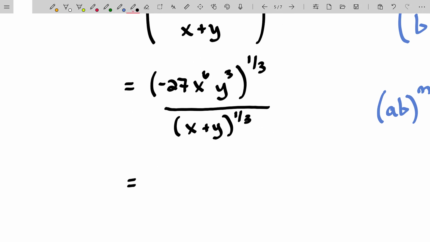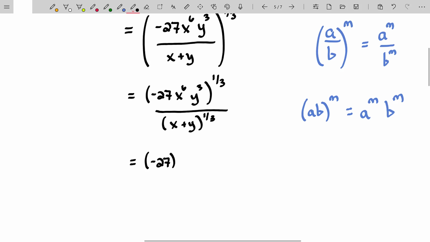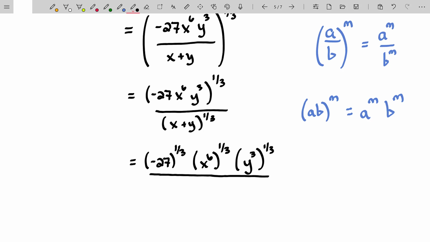This becomes a negative 27, I'm going to zoom out slightly just to make it easier for me to write, to the 1/3 power. You have an x to the 6th, again, to the 1/3 power. And you have a y to the 3rd, one more time, to the 1/3 power. And this is all over that quantity x plus y to the 1/3.